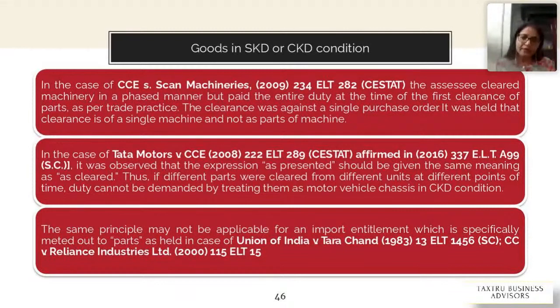So these are various issues, or various conditions, where people have managed to have their consignment coming at different points of time, at different ports also, so that this time lag can be shown, saying yes, this is not a complete product, so that the lower duty can be claimed.